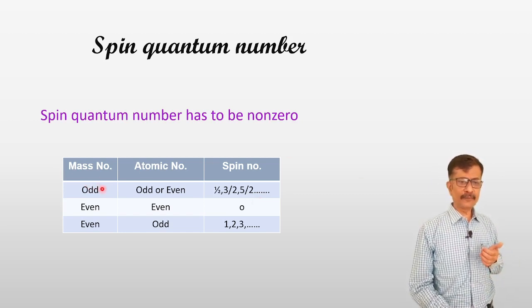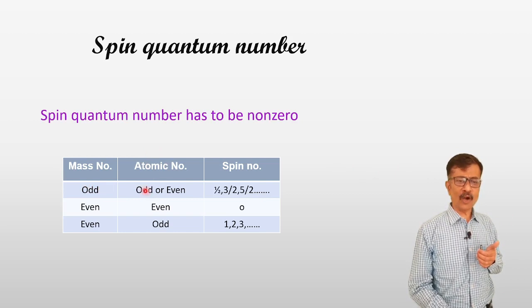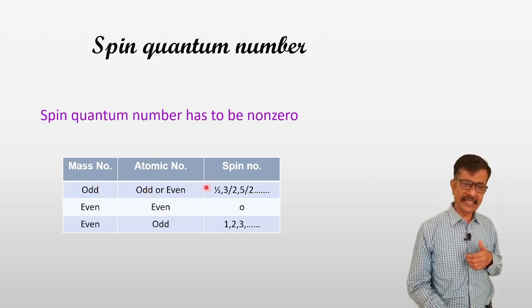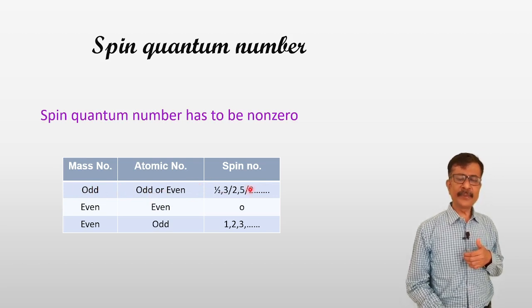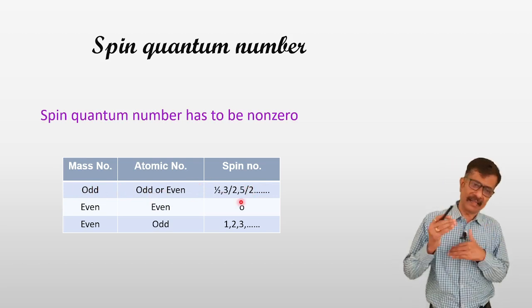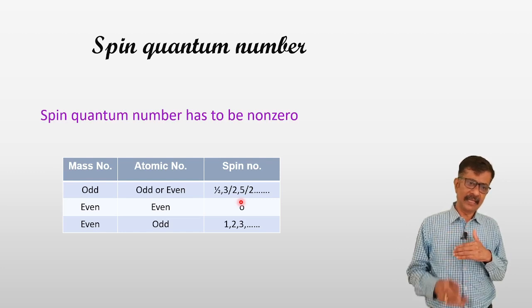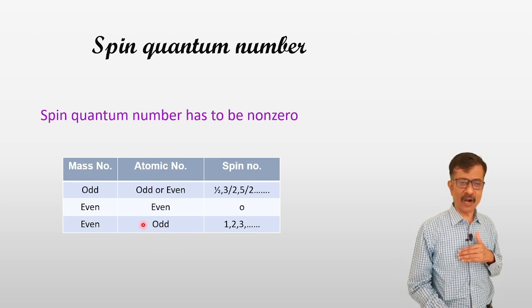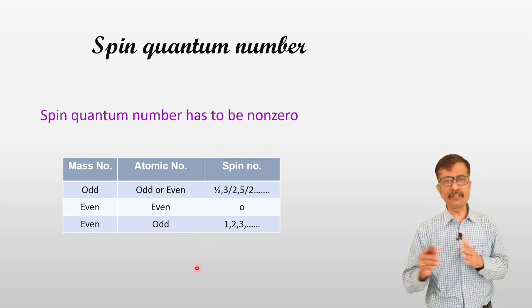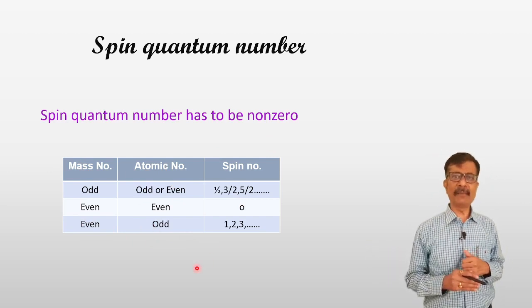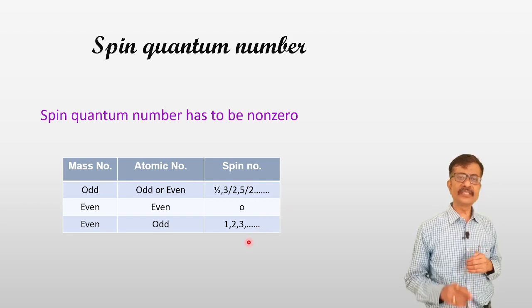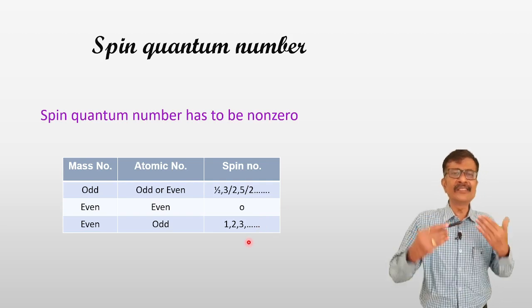Whereas if the atomic number is odd or even and the mass number is odd, in this case the spin quantum number is half integral. And if the mass number is even and the atomic number is odd, the spin quantum number is a whole number like 1, 2, 3, 4. So these could be NMR active, whose spin quantum number is non-zero.